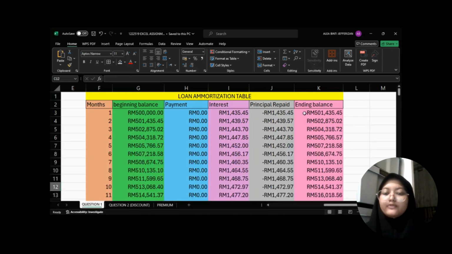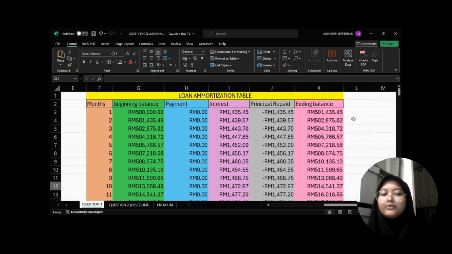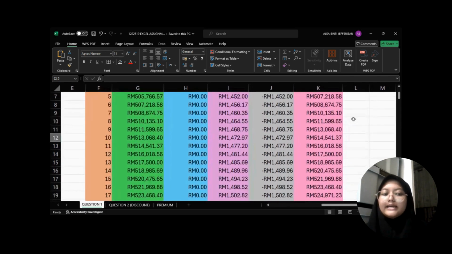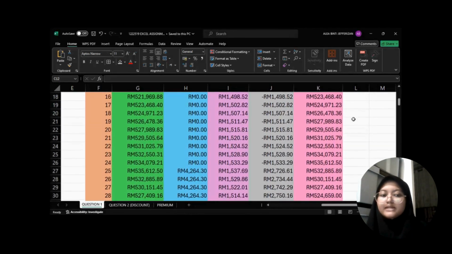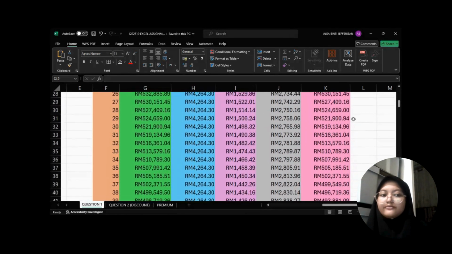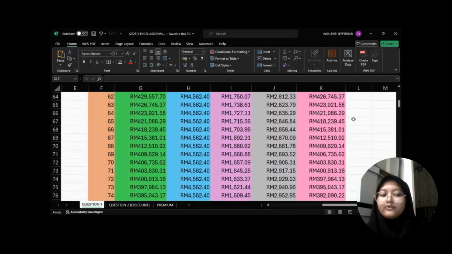With all the information, there is no payment from month 1 until 24, and the amount of payments after that is 4,264.30, and after the 60 months it is 4,562.40.